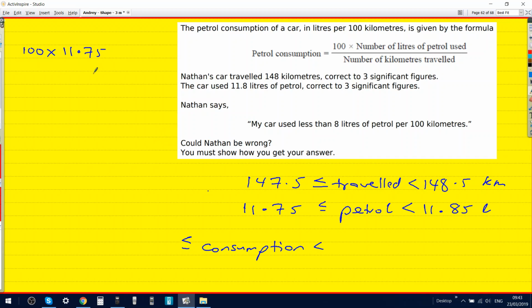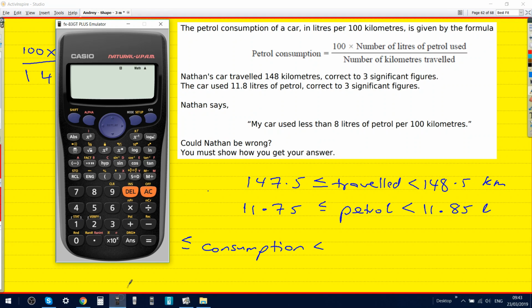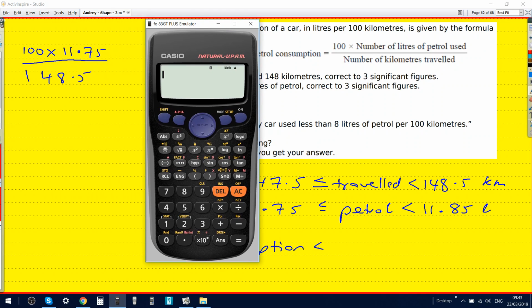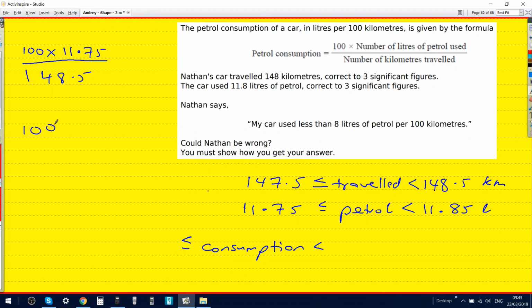And so if you're doing 100 times 11.75, what are you dividing by? Am I dividing by 148.5? Yeah. And that will give you the smallest number. And then what would you do to get the biggest number? 100 times 11.85 divided by 147.5.